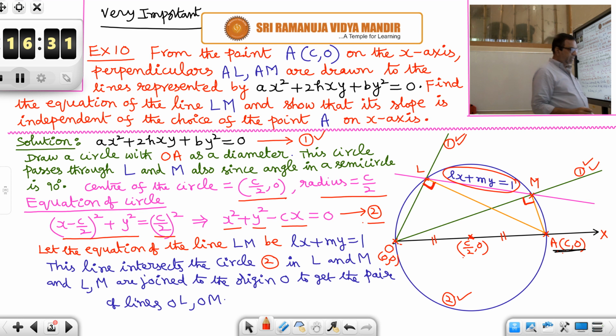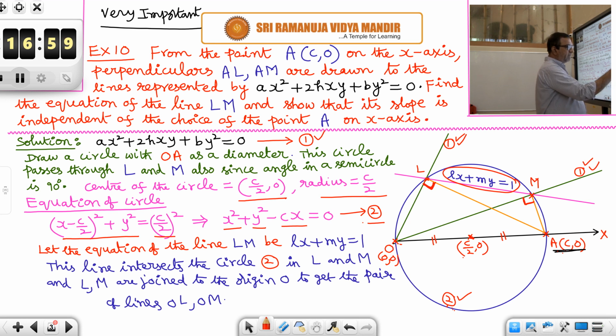So now you see, this is a circle and this is a line. The equation 2 represents what? A circle, and lx + my = 1 is the line LM. Where are they intersecting? They are intersecting in the 2 points L and M.